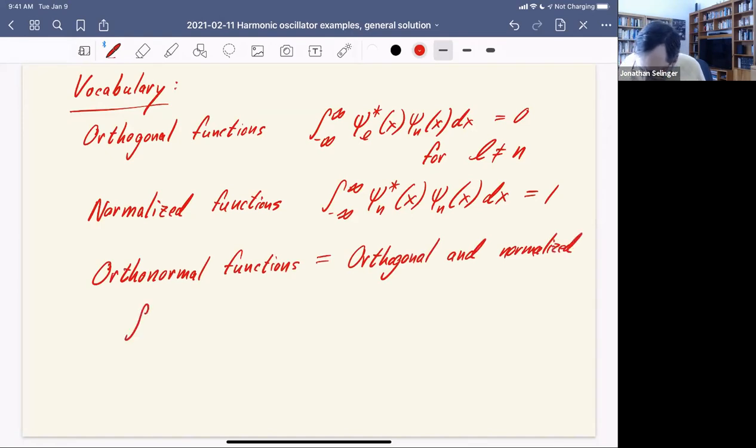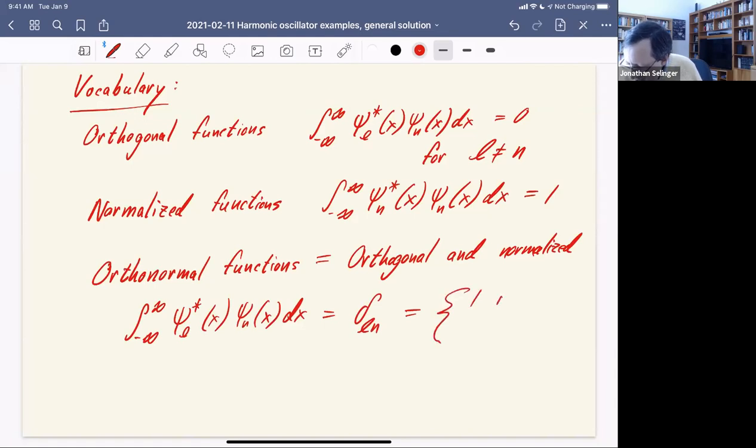So that means that the integral of psi L star of x times psi n of x dx is equal to this delta ln, right? So it's equal to 1 if L equals n and 0 if L is not equal to n.